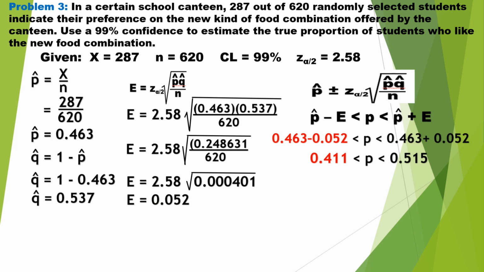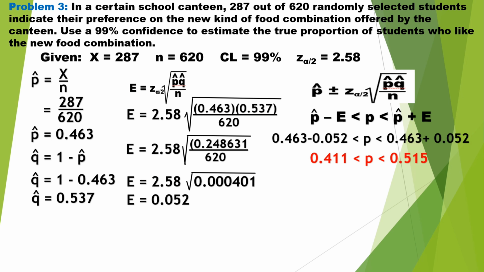Subtracting the left side, we have 0.463 minus 0.052 is equal to 0.411. Adding the right side, 0.463 plus 0.052, the sum is 0.515. Initially, we can say that the interval estimates for population P is between 0.411 and 0.515.